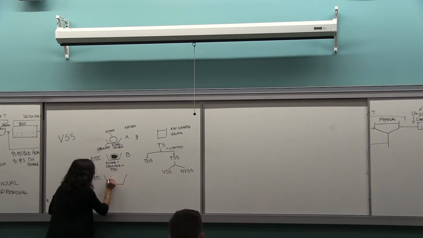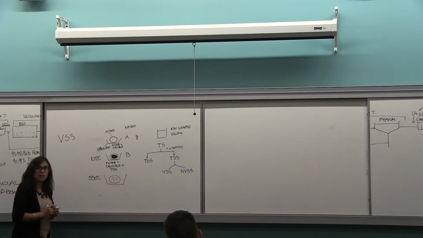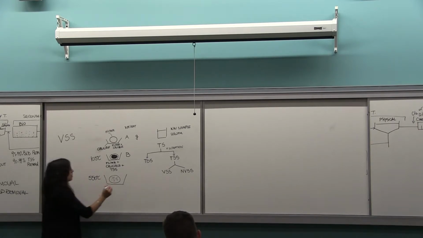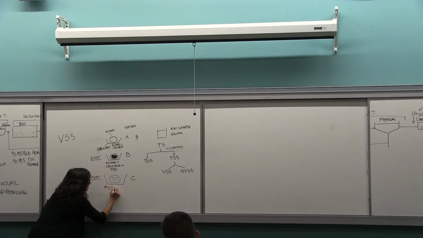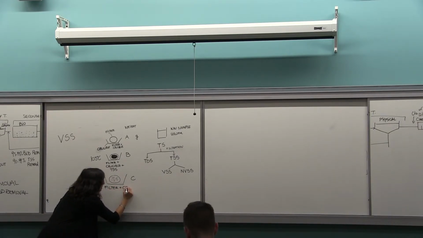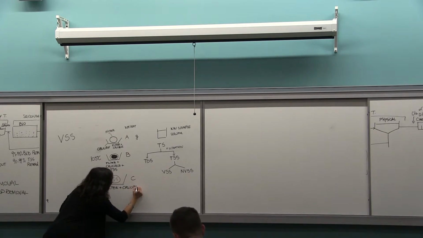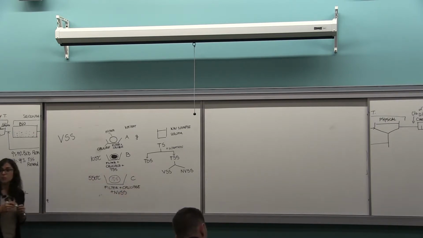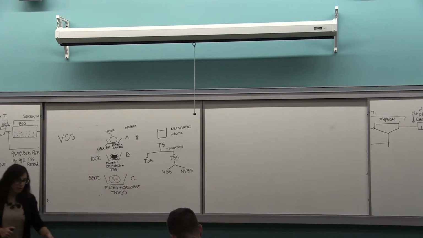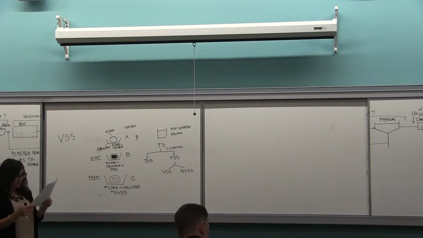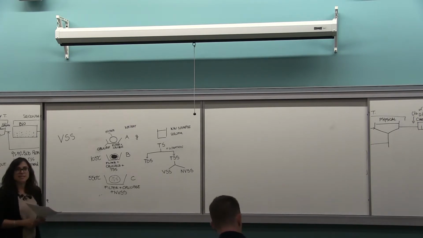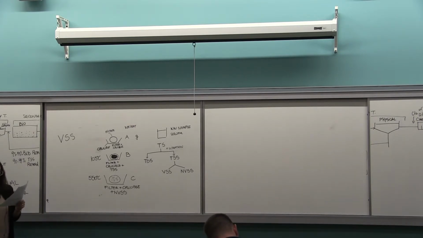So I'm going to have a little left, and if I call this C, I'm going to have the filter plus the crucible plus the non-volatile suspended solids, whatever is not burned. Now, what do my A, B, and C correspond to?